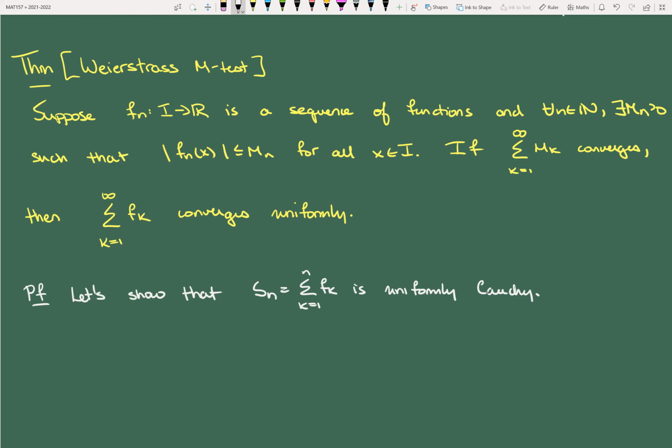Now, let epsilon greater than 0 be given. Since the series MK converges, its partial sums are also convergent and therefore are also Cauchy. So let epsilon greater than 0 be given.